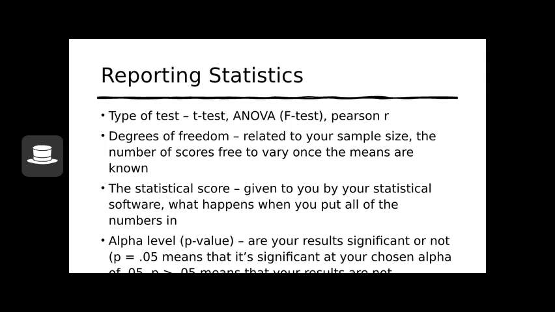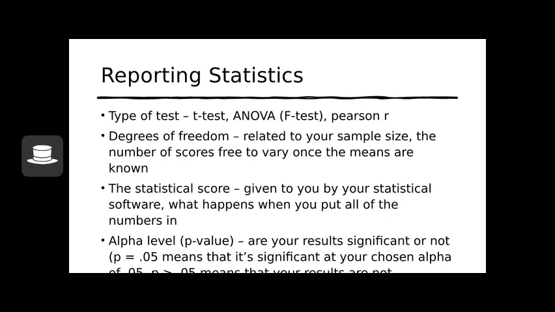If your alpha level is 0.05, then you're saying at the 0.05 alpha level, my results are significant. P equals 0.05. If you say P is greater than 0.05, then that means that your results are not significant at the level that you set at 0.05, right? So P equals 0.05, significant. P greater than 0.05, not significant.